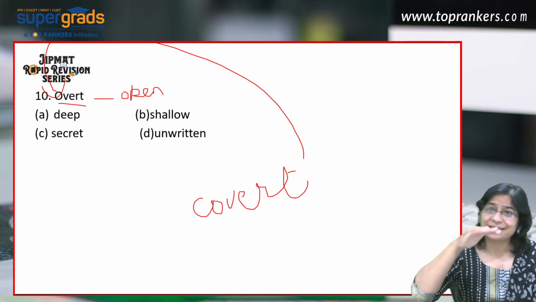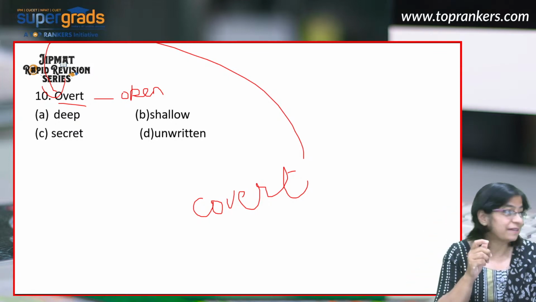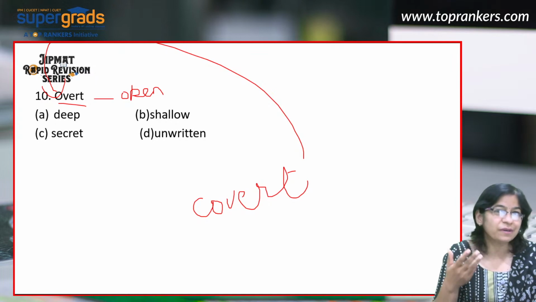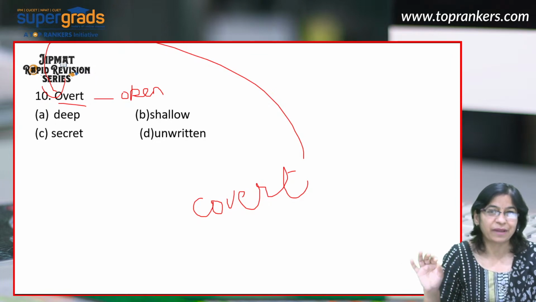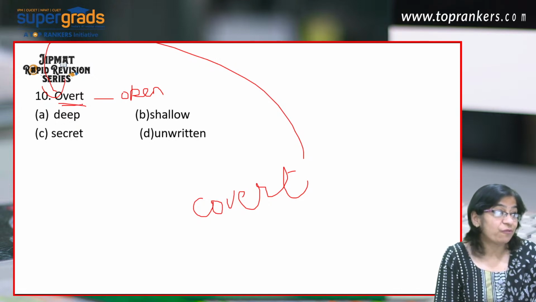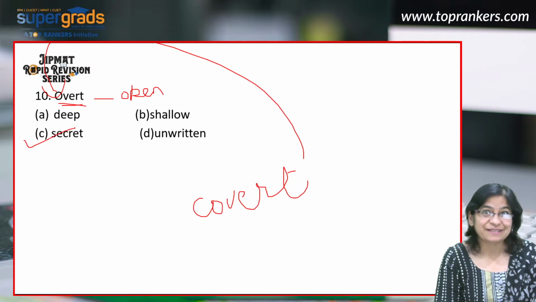Shallow is something that's not deep, surface level. Then secret, you know what secret is? Something that's covered. And then unwritten is something that's verbal, not written, not black and white. So the opposite of overt will be secret. Okay.